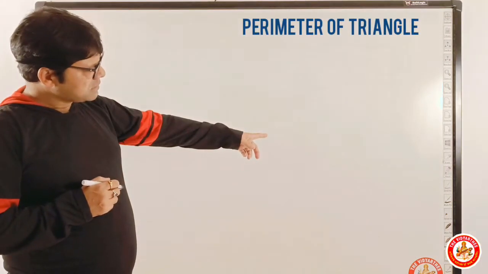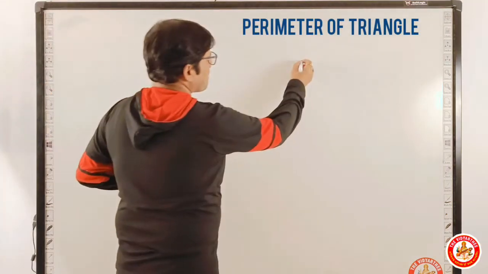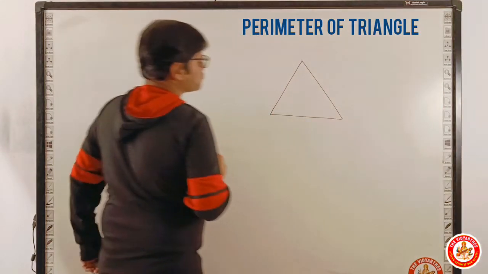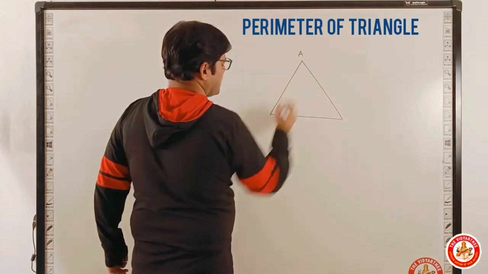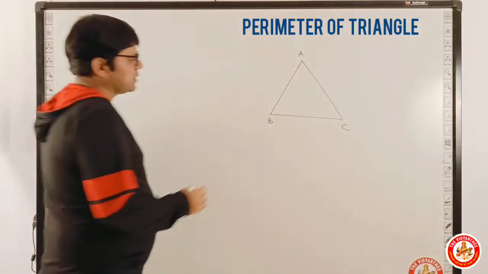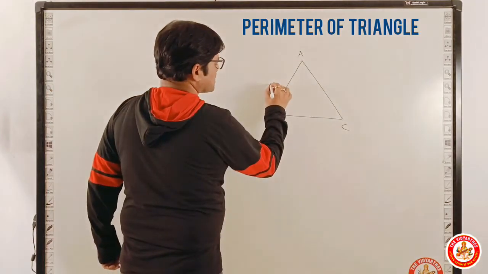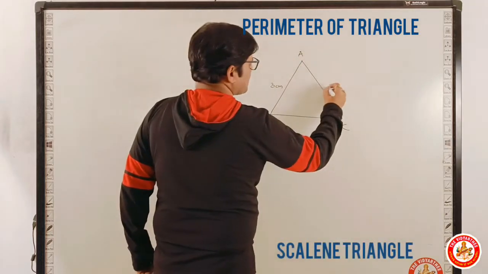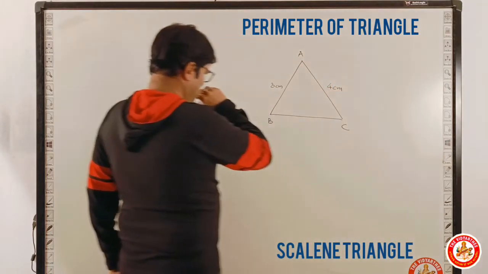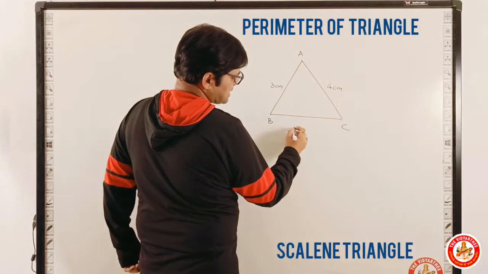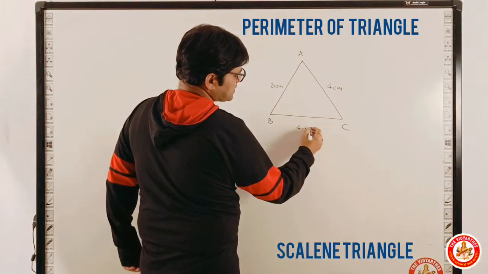For example, you have one triangle. This is triangle ABC, right? If the measure of AB is 3 units, say 3 centimeter, AC is say 4 centimeter, and BC has 4.5 centimeter.